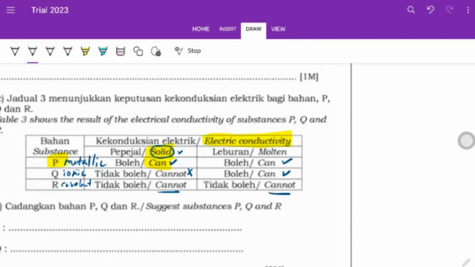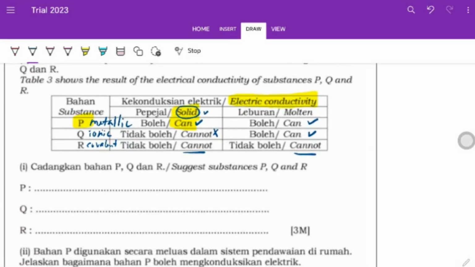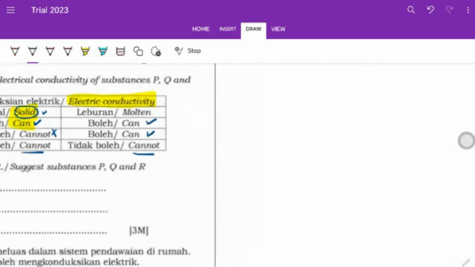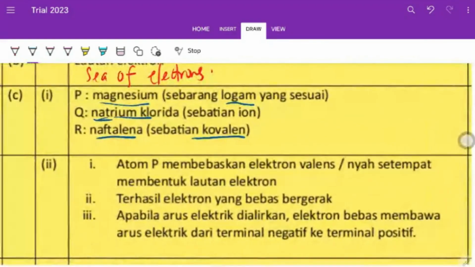But solid carbon dioxide can, because dry ice is made from carbon dioxide. Others like hydrogen gas cannot. So choose something suitable for the question. Naphthalene, spelling must be correct.